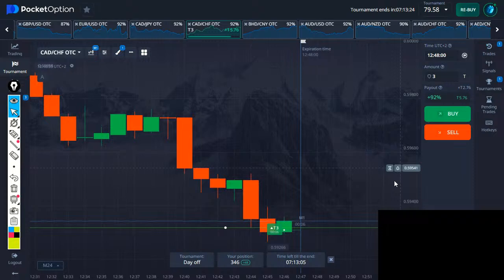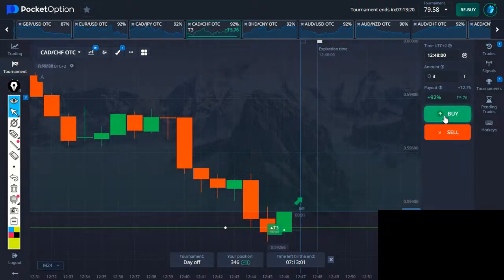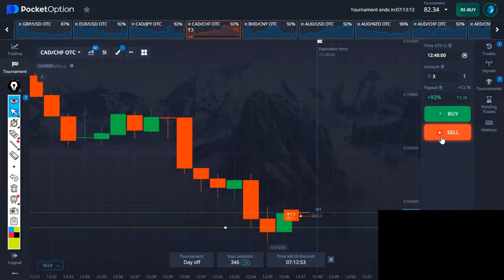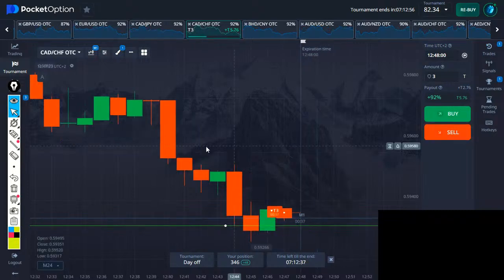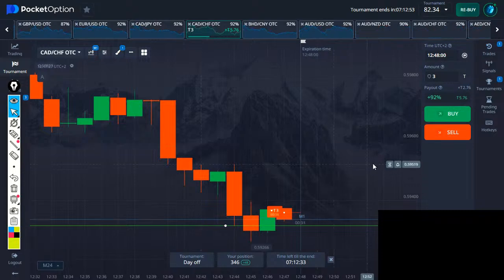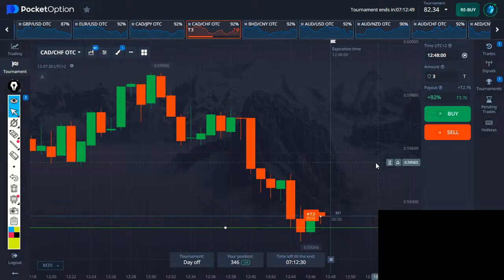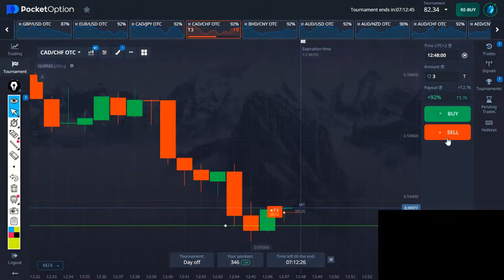Have a double zero level here. No problem. Have a gap down. Quick sell. A bit more. I take 2 more.